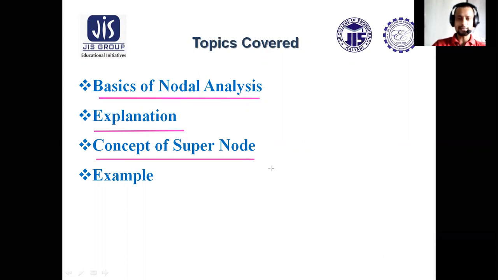There are certain circuits for which nodal analysis cannot be directly applied until you understand the concept of supernode. So what a supernode is will be discussed, and later we will validate the steps discussed in the explanation part with the help of one example.